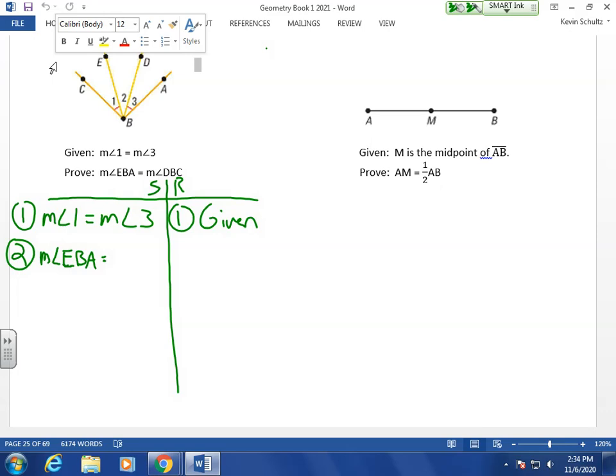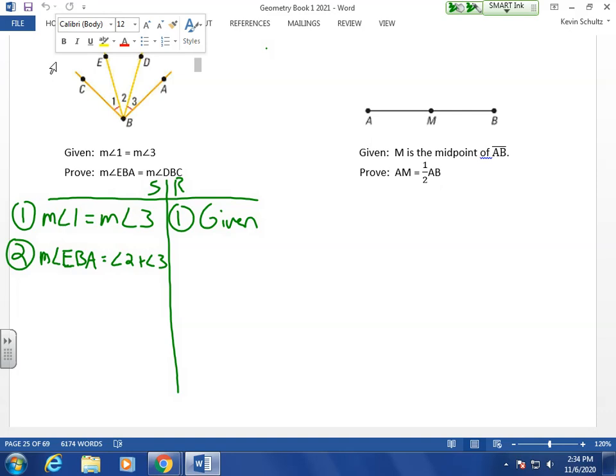Audrey. It's equal to the measure of angle 2 and angle 3. Good. EBA is equal to angle 2 plus angle 3. Right? You look at EBA, tell me anything you can about it. Well, I don't know much, but I do know that it's the measure of angles 2 and 3 together.